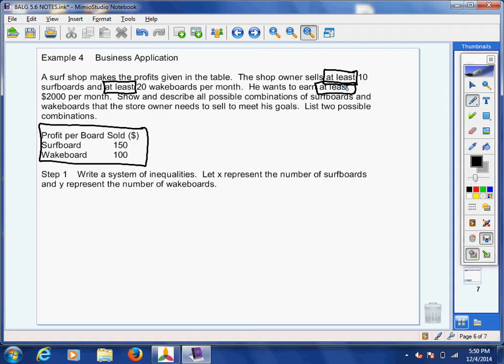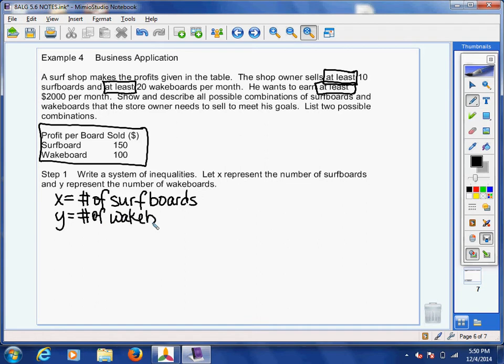So we're going to start off in step 1, just writing a system of inequalities, and I'm going to make it the same for all of us. X is going to be the number of surfboards, and Y is going to be the number of wakeboards. Okay, we're all doing the same thing. That's why I typed it in there like that.